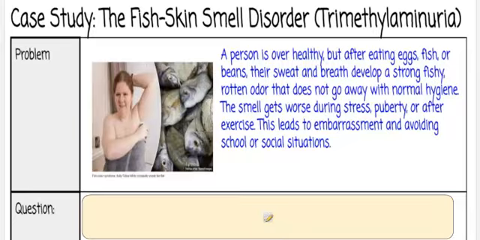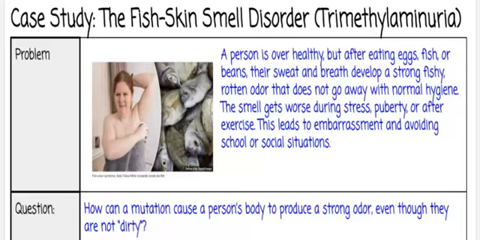It does not go away with normal hygiene, such as showering or soap. It's just being exuded out of them. As they get stressed because they smell bad, the smell can get worse. During puberty or after exercise, the smell gets worse. This is super embarrassing, especially in school or social situations.